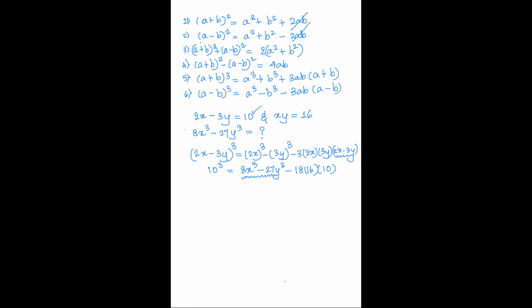So 18 into 16 into 10, that is going to give us 2880. So we have 1000 is equal to 8x cube minus 27y cube minus 2880. And this minus 2880, when we shift it to the left hand side, becomes plus 2880.